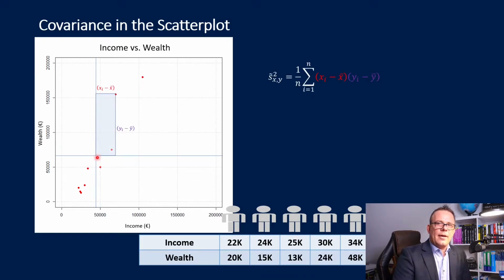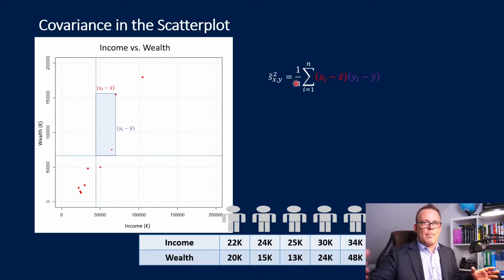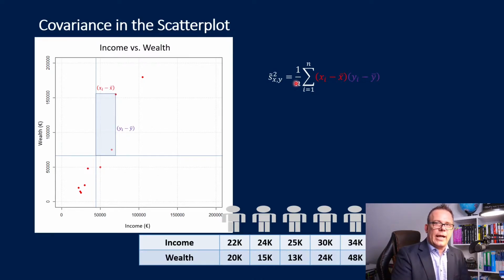Here I have the formula for the covariance. So the covariance is an arithmetic mean. That's why we divide 1 by n, by the number of observations, and we sum up all this. So it's an arithmetic mean if we sum up several elements and we divide by the number of elements.